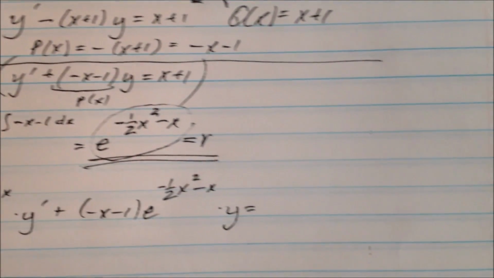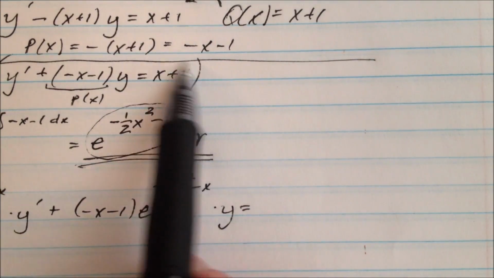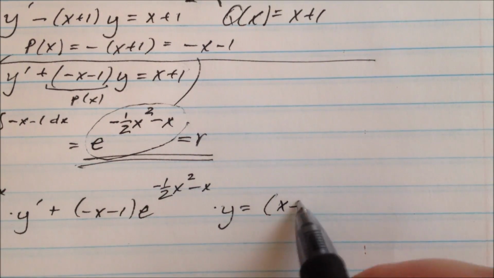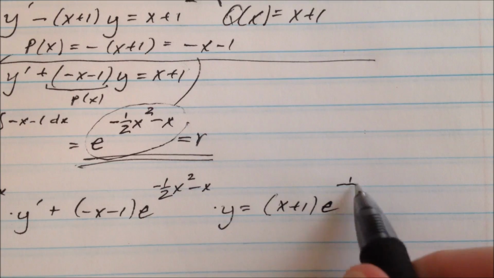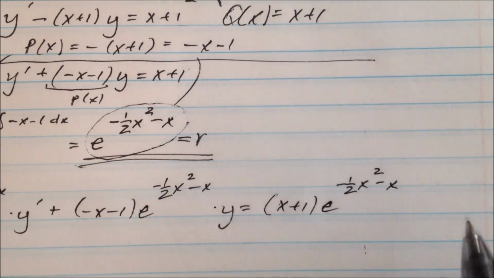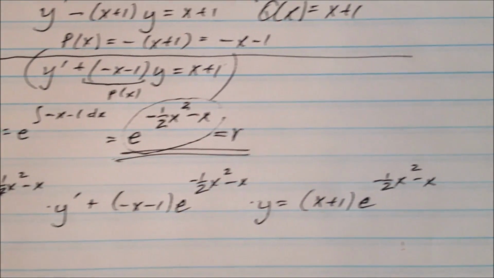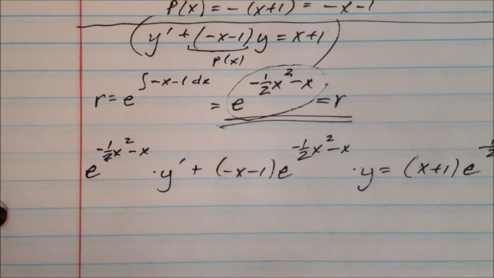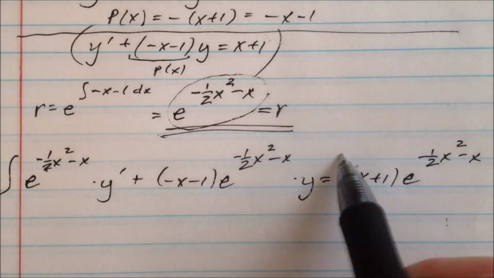And then the right side: we have x plus 1 times e to the negative 1/2 x squared minus x. Okay, while that does look pretty crazy, at this point we're going to integrate both sides, and let's only focus on the left side for a second.